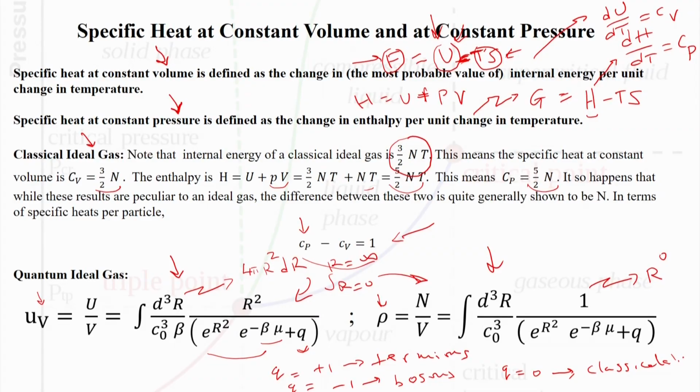Now, conceptually there is no problem, but practically the problem is that I want all my answers in terms of things that I can put my finger on, which is the number density of particles. I really do not know or care too much about what the chemical potential of my gas is. I just want to know that on an average I have these many particles in this volume, and can you tell me what my energy density is.